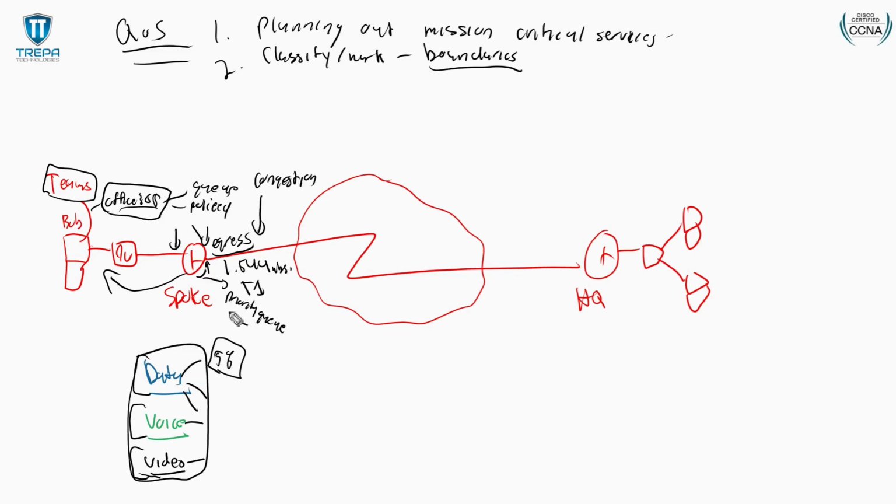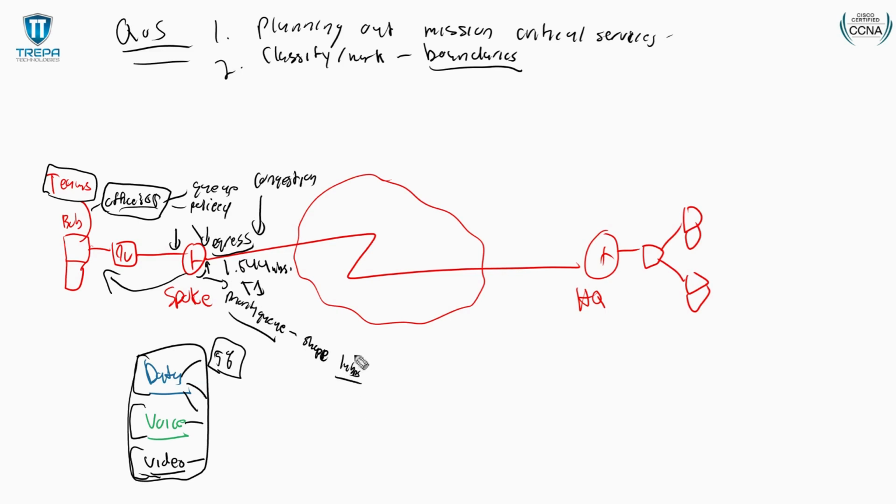And the reason I know how to do that is because I set up this priority queue to say, okay, if I see the Office 365 classification or marking, I'm going to put that traffic into the priority queue, and I'm going to put a shaping policy that says no matter what, it gets 1 meg of this link and goes up to 50 megs. That's what I'm going to do for Office 365 traffic. Put it in a priority queue and then shape it, give it maybe a rate limit of always getting 1 megabit per second, right?